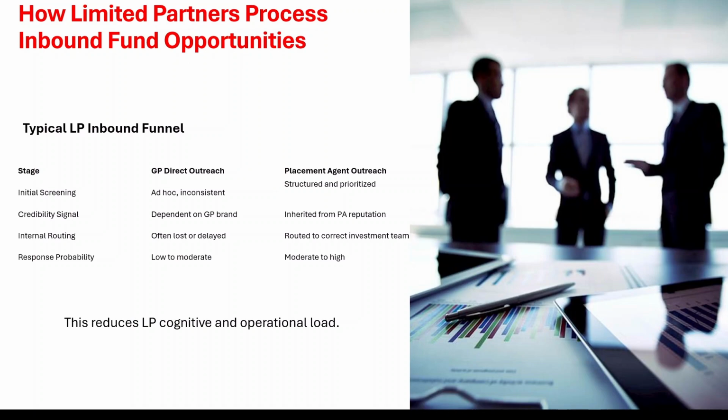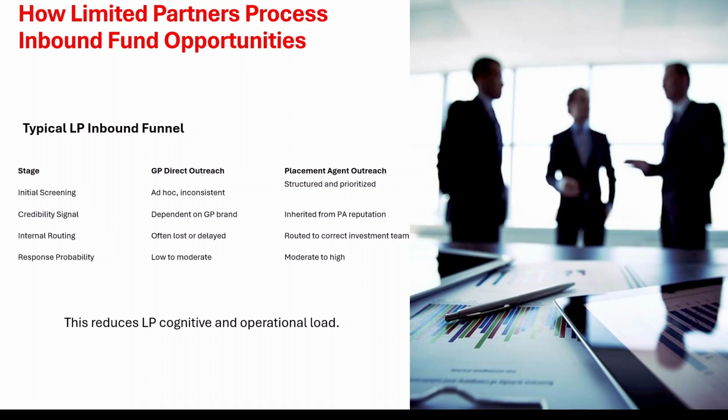Now, secondly, the placement agent outreach is inherited from the placement agent's reputation, so it gets a lot easier in that case. The stage is internal routing. For example, if it's a direct GP outreach, it's often lost or delayed. Remember, if you're sitting on the limited partner side or on an investor side, you're getting hundreds of emails in.